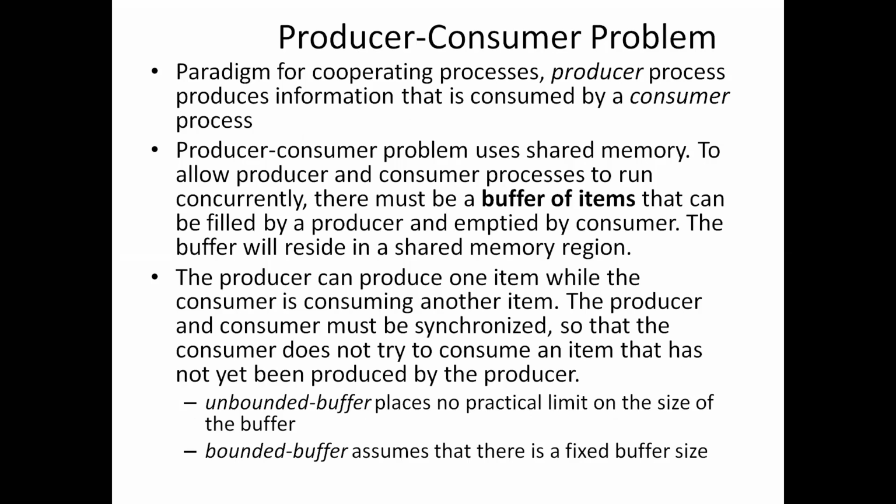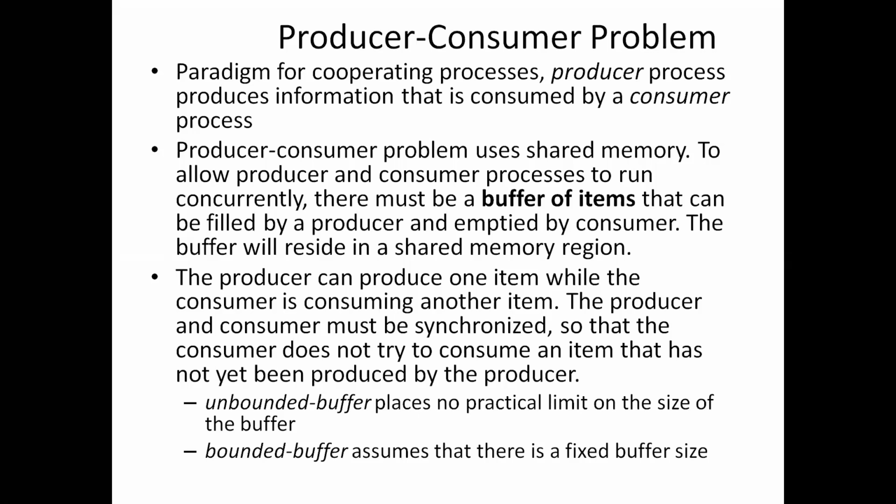There will be two processes here. One is the producer, the other one is the consumer. The producer, who produces the information, is called the producer. The consumer, who will be using that information, is called the consumer.